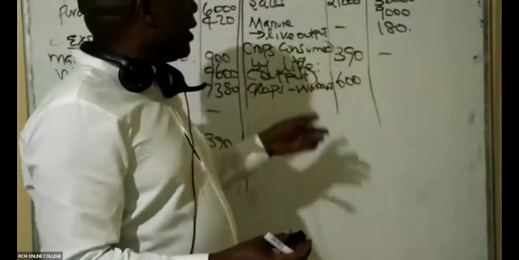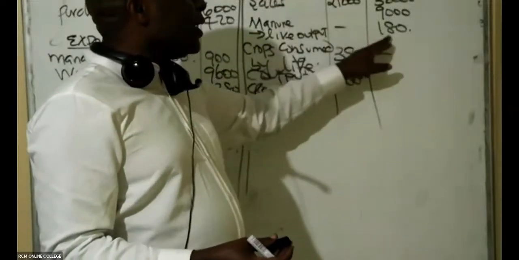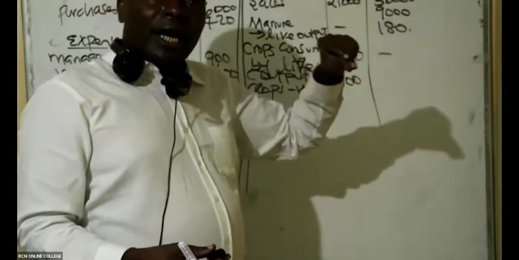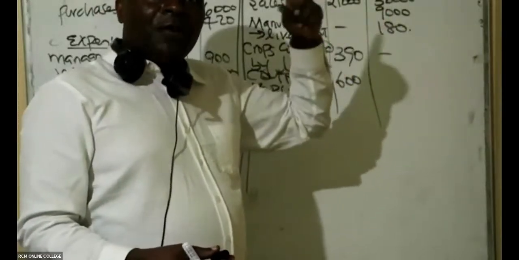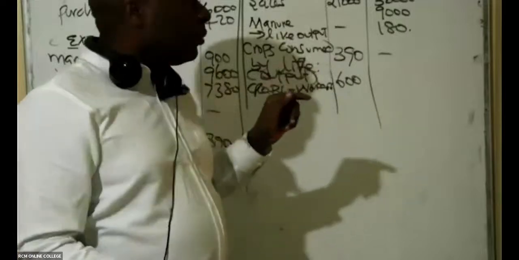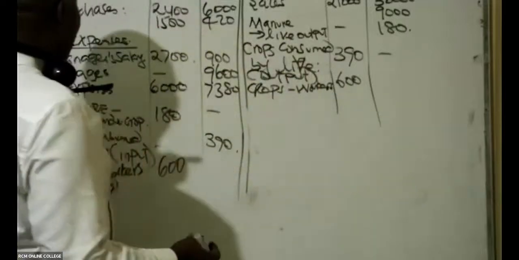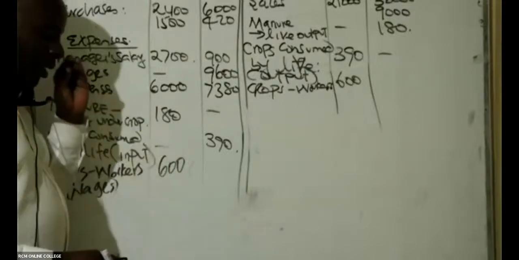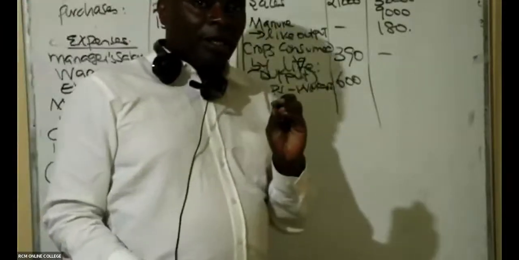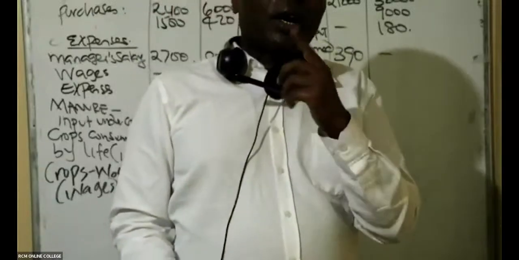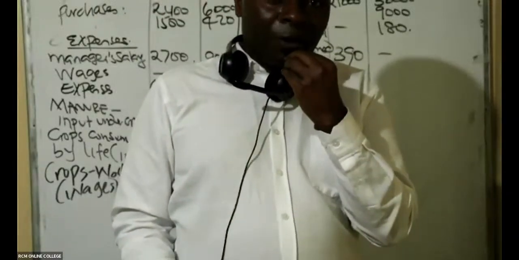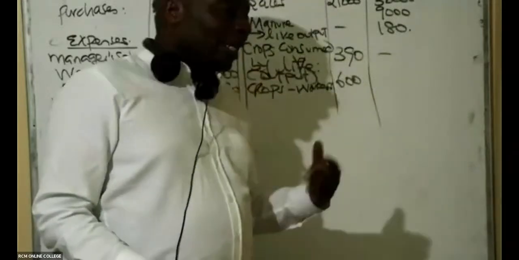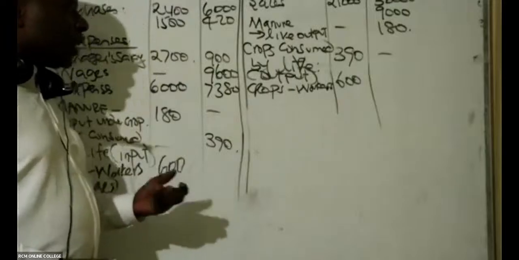So for manure as an output, you credit here. Then there is another biological asset that is gaining, and whenever it gains, we debit. But this time it is going under crops, because it is an output from livestock and an input under crops. This shall become clear as we get along. We shall really like this.